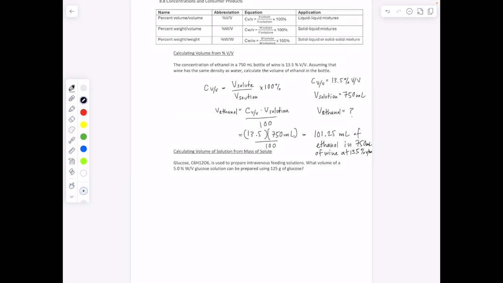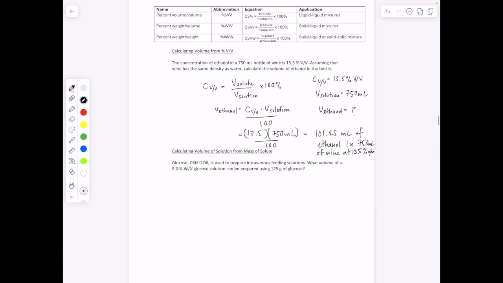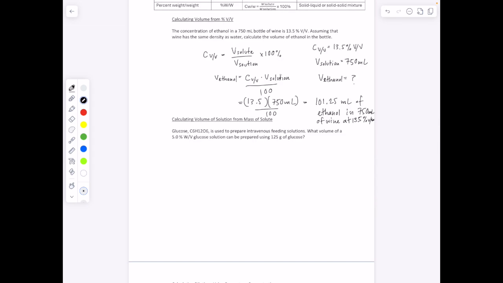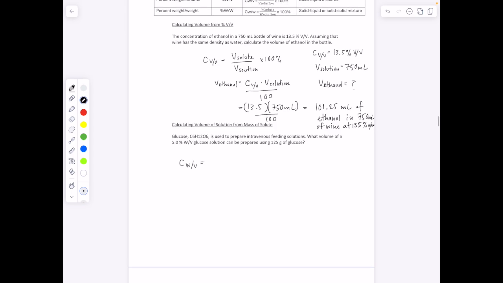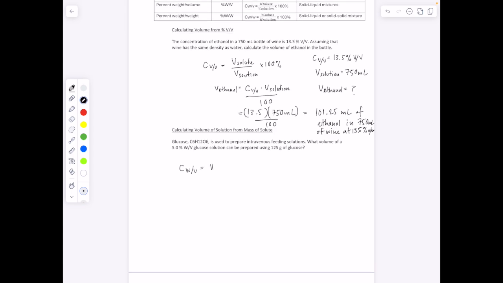Let's take a look at our equation. The concentration, weight per volume, is equal to the weight of solute divided by the volume of solution times 100%.